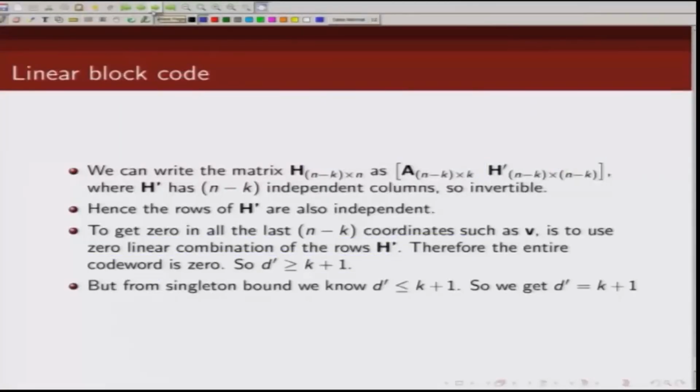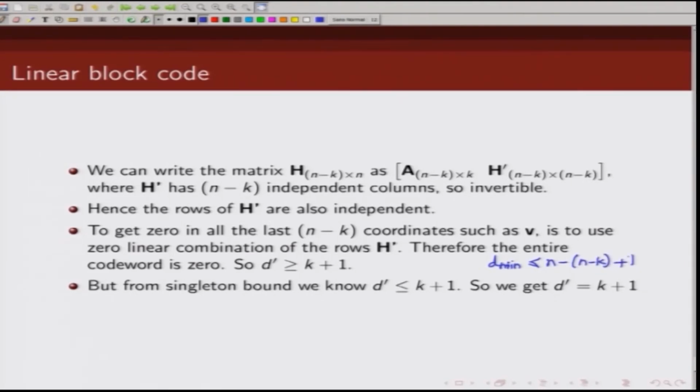Now we know that the minimum distance of the code must satisfy the bounds. It should satisfy, for example, the Singleton bound. Now what does the Singleton bound say? The Singleton bound says the minimum distance of the code is upper bounded by n minus the dimension of the code, which in this case is n minus k plus 1.